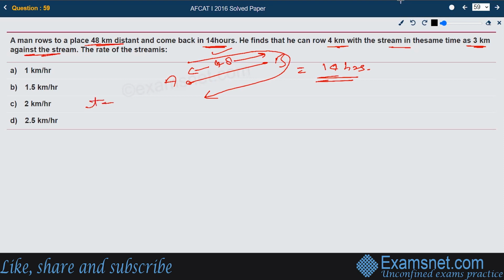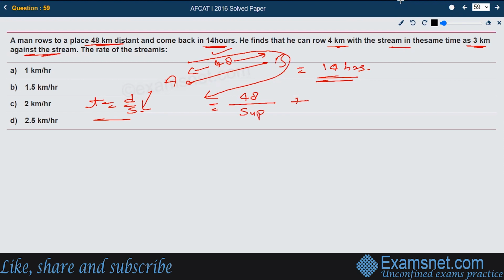Now, time is equal to distance over speed. So I'm going to make use of this. For the upstream journey, the distance is 48 and the speed, let me take as S up.